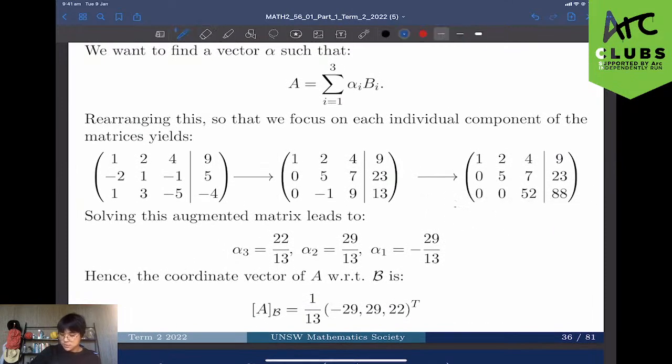So now it's all row reduced. And since this is alpha 1, alpha 2, alpha 3, we know that 13 alpha 3 is equal to 22. Then we just calculate the rest of alpha 1 and alpha 2, which we find to be these values.